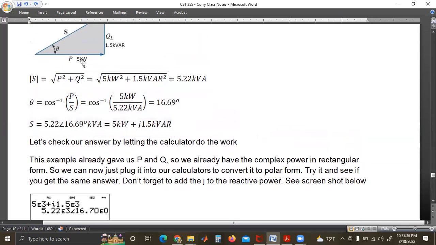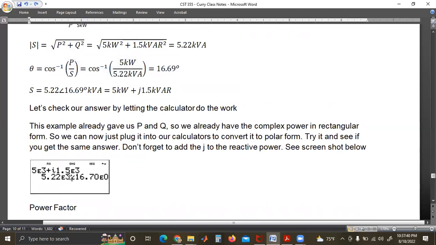And that's just my reactive power. Once I hit enter, depending on the mode that you have your calculator in, you should already have your calculator in the polar form for your output. Once you hit enter, it'll spit it out in polar form.